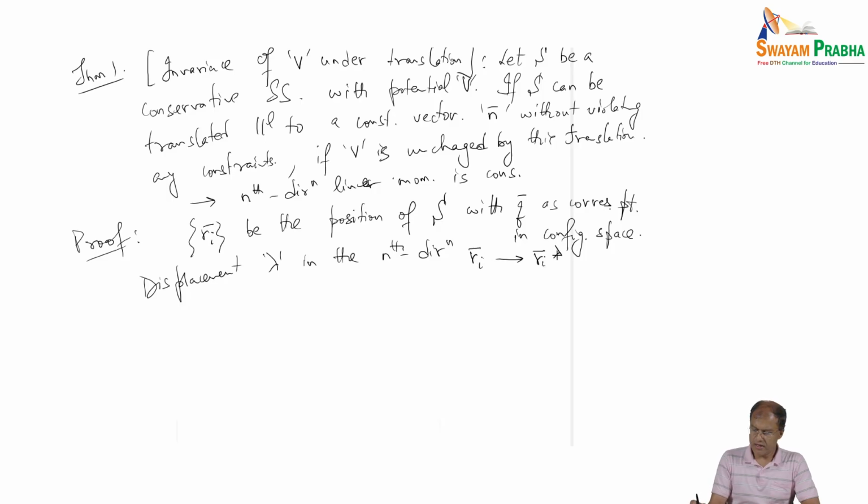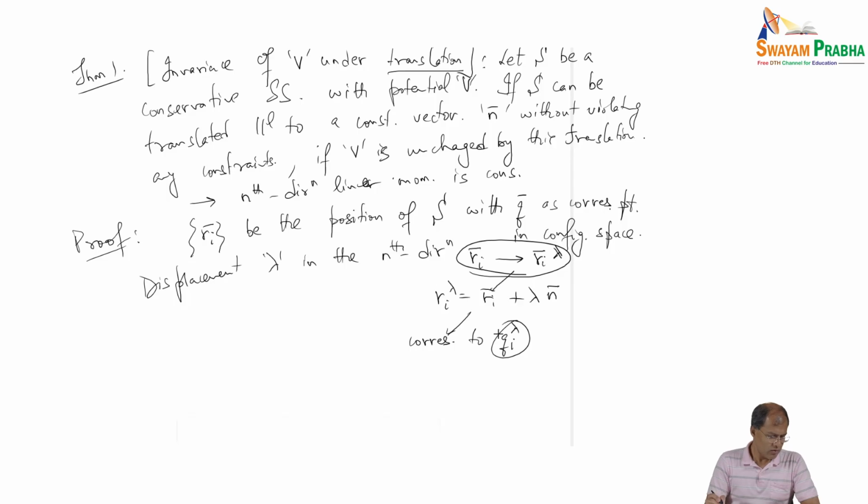That is my corresponding transformation. This transformation is very simple since we are only talking about translation, which means that Ri lambda is Ri plus lambda times n, and this corresponds to Qi lambda in the configuration space.